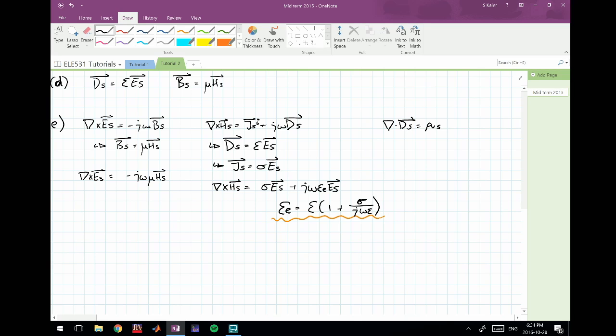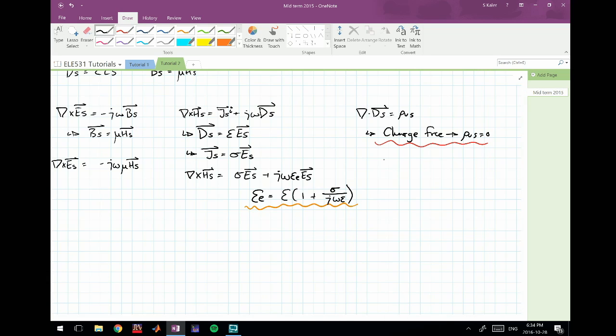Rho vs what? Is 0. Yes, right. Free means rho vs equals 0. I'll put that in red because that's not something we're coming back to.